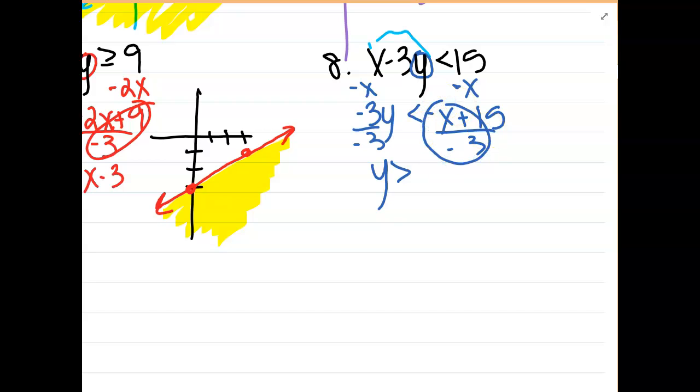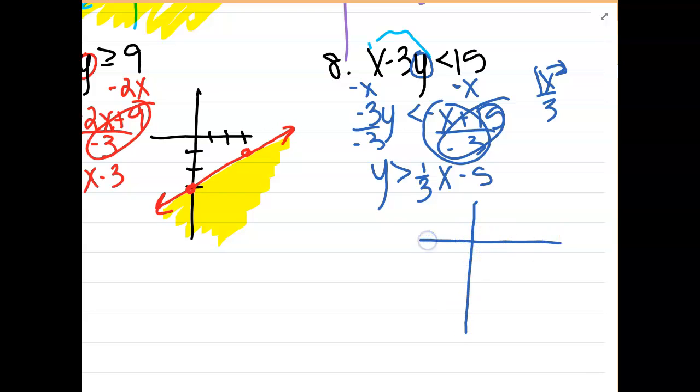When I have negative x over negative 3, first of all, negative over negative is positive. Remember, when you have x over 3, write the 1 in front of the x that we don't normally write, and kick the x out of the fraction. And we're going to call it a 1/3 x. And then we have 15 over negative 3, which is negative 5.